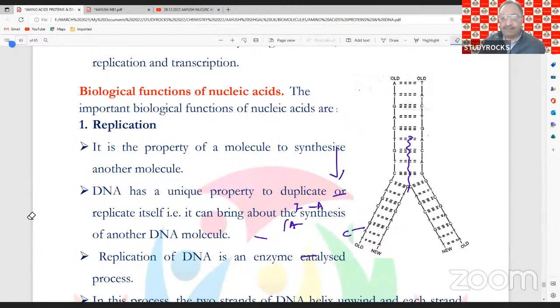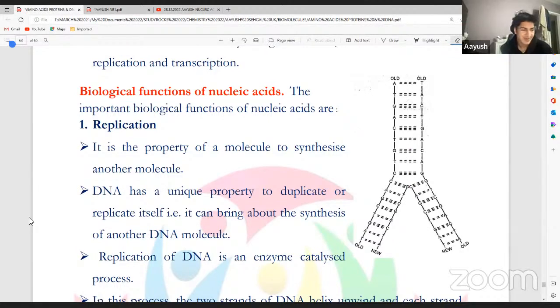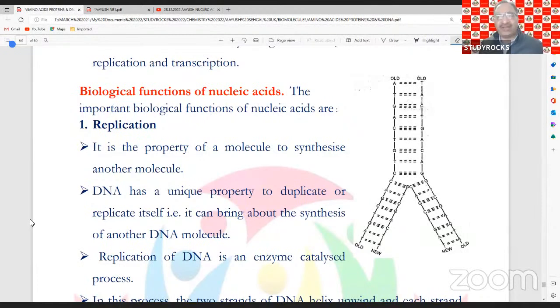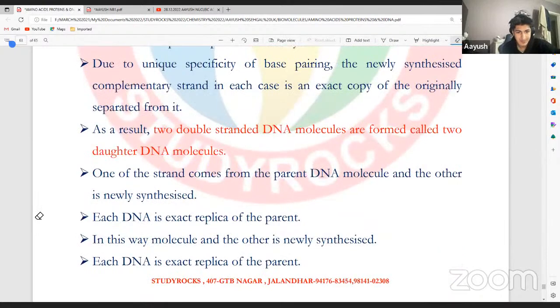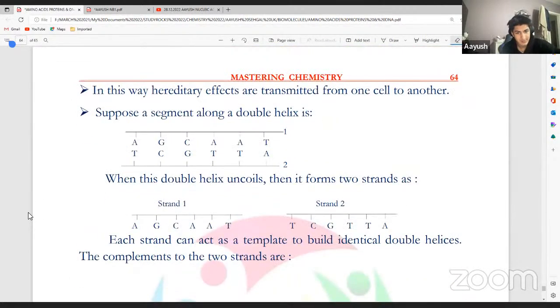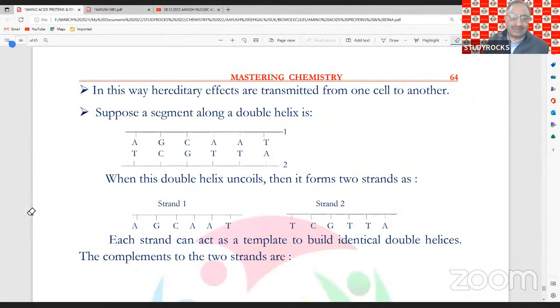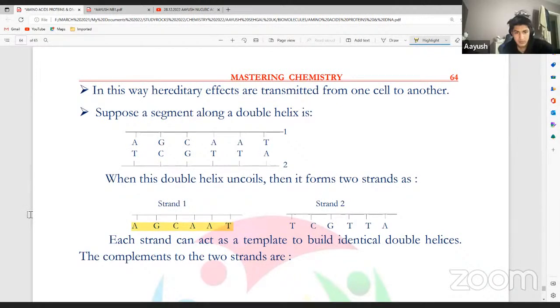Is it okay? If you see these diagrams and try to memorize, things will be difficult. And if you apply your own brain and make your own base sequence, it is very, very comfortable. This is the question that you get in exams: one strand of DNA is given to you, make the other one.